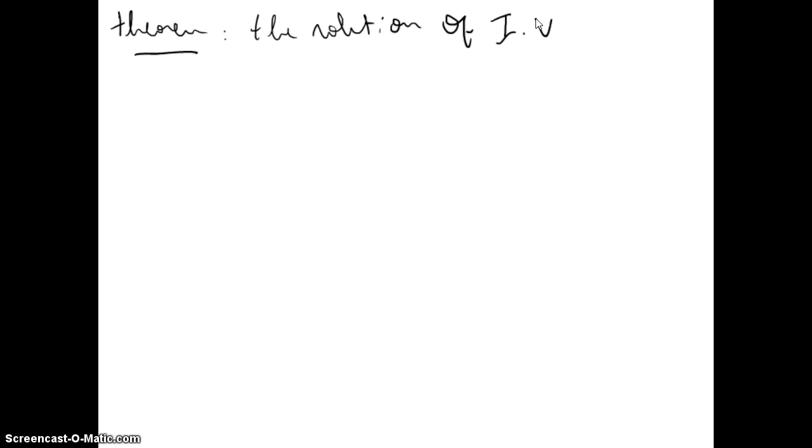Okay, so now let's see the global well-posedness theorem. The solution of the initial value problem of the Boson Stars equation that we derived in the last theorem for local well-posedness is global in time.